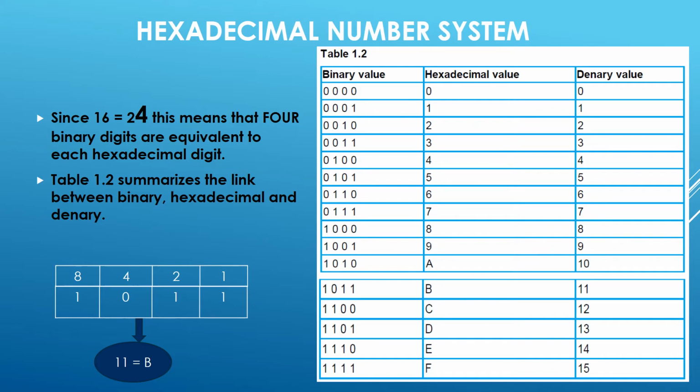If you look in table 1.2 at the value 1011, there is an equivalent denary value which is 11, and 11 in hexadecimal is equivalent to B. This is how this table is formed. We will be using this table to convert a binary number into the equivalent hexadecimal number and a hexadecimal number into the equivalent binary number. So you can use this table as the reference.